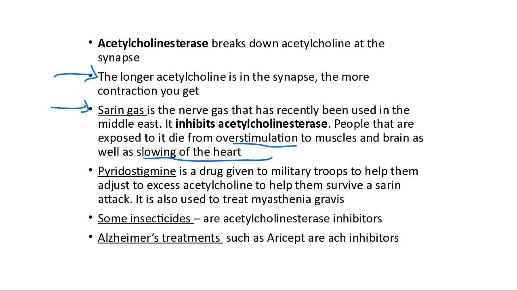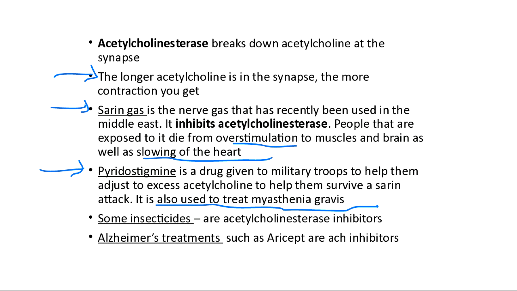Now, pyridostigmine is also an acetylcholinesterase inhibitor, and it is used for two things. One is to treat myasthenia gravis, which is a disease that is generally autoimmune, though there are genetic types that are just being discovered.